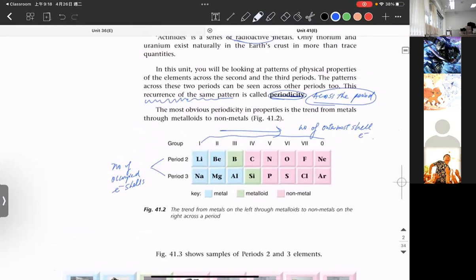So first, just recall your memory about the periodic pattern. In Form 3, what have you heard? Just name one or two. Lei Cheng, do you know? Could you please name one periodic pattern that is observed while you learn chemistry in Form 3?